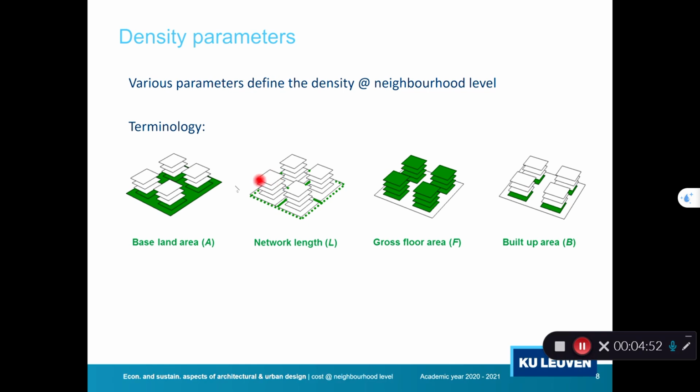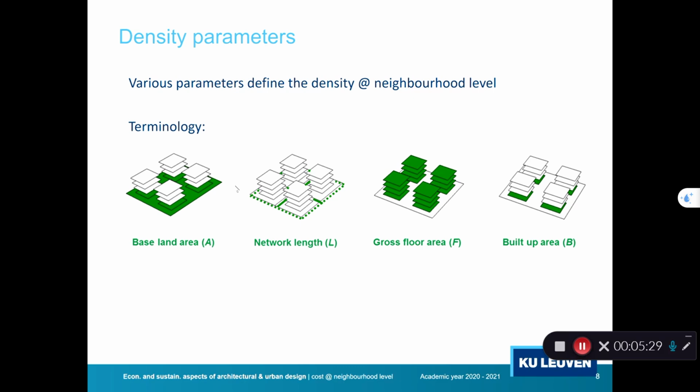While of course this neighborhood is connected to a larger system, the city or a town, and hence there are also streets or infrastructure in general connecting that neighborhood to the other neighborhoods, and hence these networks are shared between this neighborhood and the neighboring or the bordering neighborhoods. We need to know hence what the network length is of the streets in the neighborhood and the ones surrounding the neighborhood. This is indicated with the letter L.